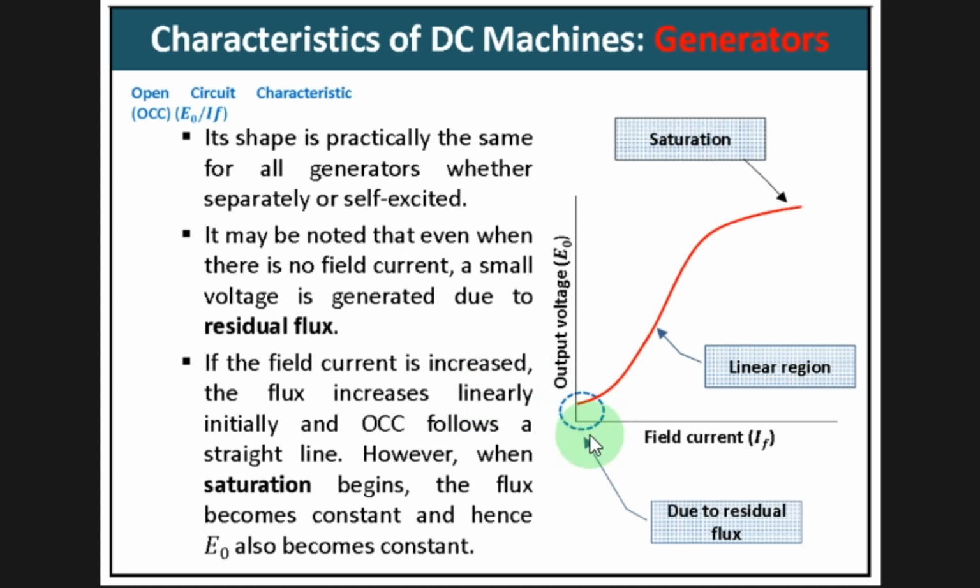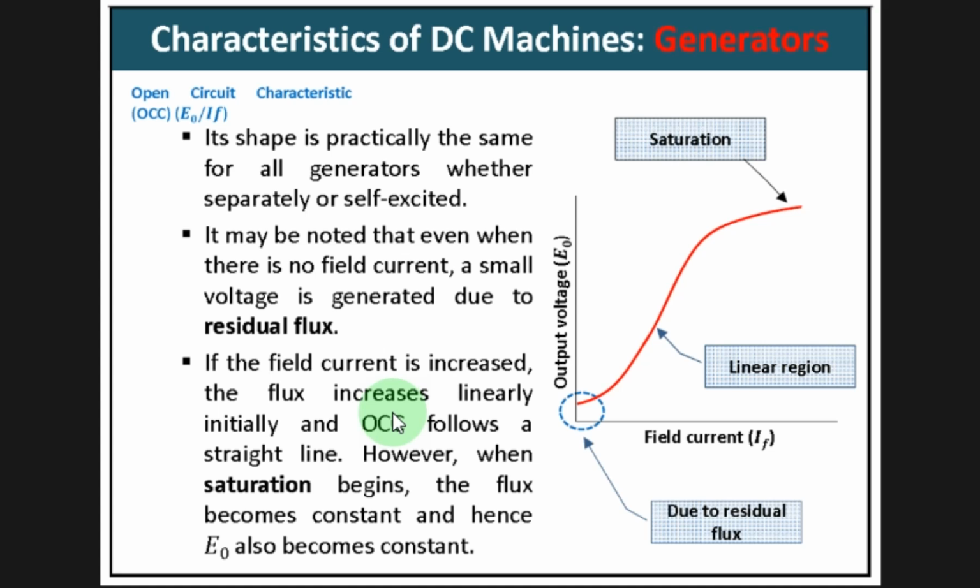You notice that when there is no field current, a small EMF is generated. That is due to residual flux. That means even though current is not supplied, there will be a very weak magnetic field, which is called the residual flux. Due to that, it will generate a small amount of voltage here.